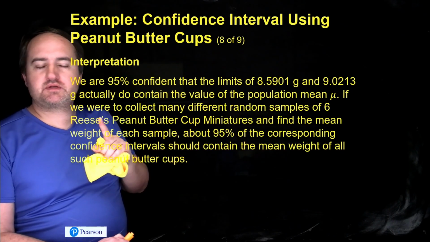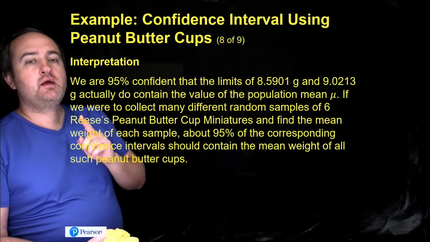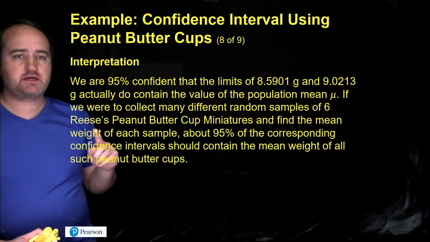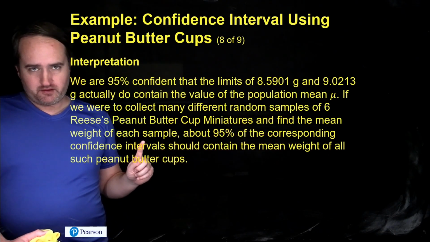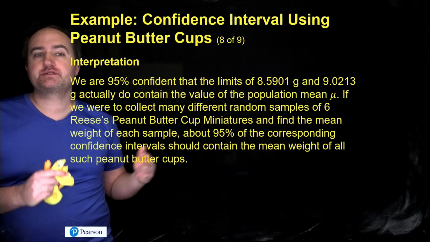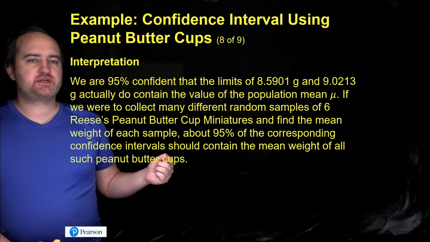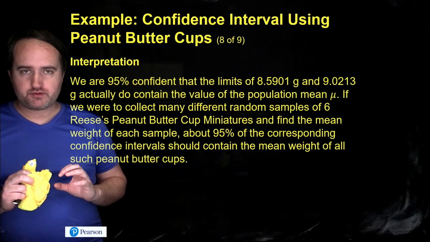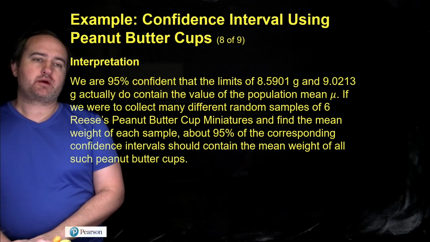And then here's an interesting thing that they say that might be helpful in your homework. So they also say, if we were to collect many different random samples of 6 Reese's Peanut Butter Cup miniatures and find the mean weight of each sample, so they're talking about X bar for each sample, about 95% of the corresponding confidence intervals should contain the mean weight of all such peanut butter cups.